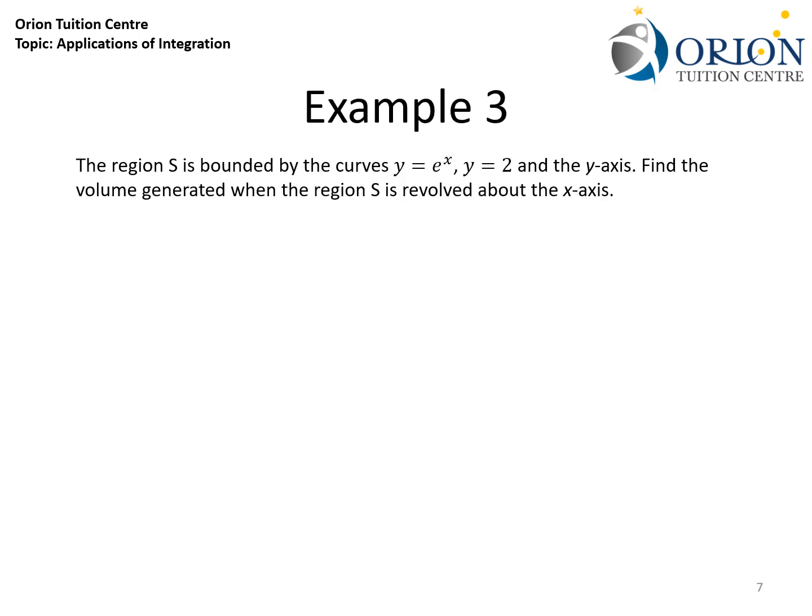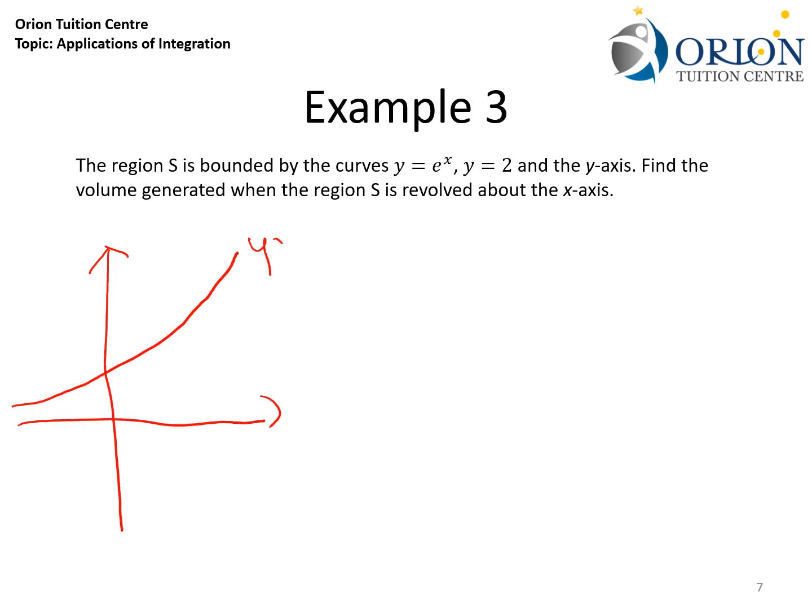In example 3, we have the region bounded by the graph of y equals to e to the x, y equals to 2, and the y-axis, which means we are looking at this region over here, and we are now going to revolve this region about the x-axis to form a solid of revolution, which should look something like this.